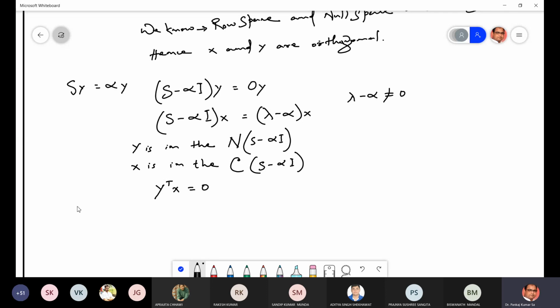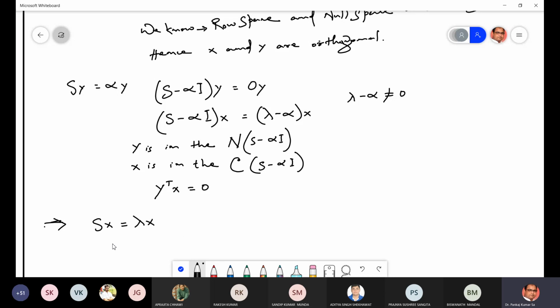The other part is S x is equal to lambda x.